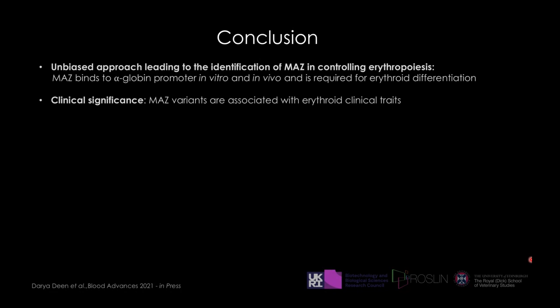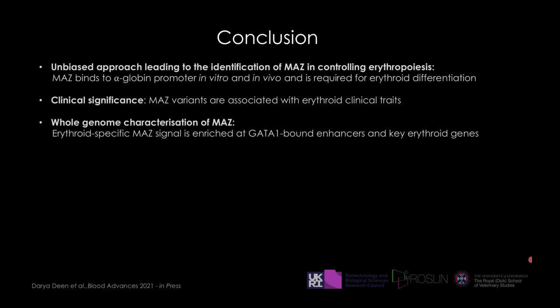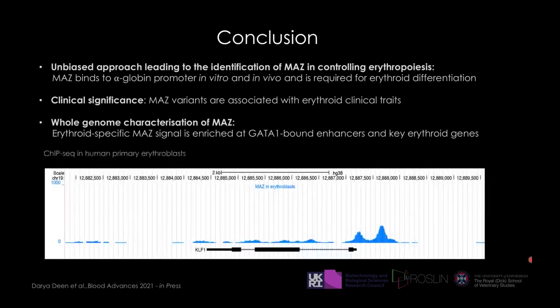Clinical significance: we found MAZ variants associated with erythroid clinical traits, because of the Gene Atlas database we've been looking at. And by ChIP sequencing, we found that many erythroid genes are regulated by MAZ, and we found an association with GATA1 binding at those enhancers.